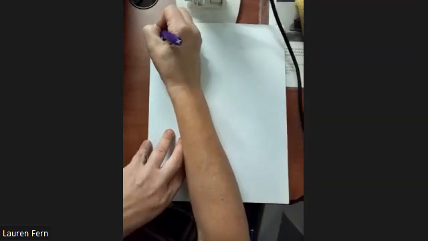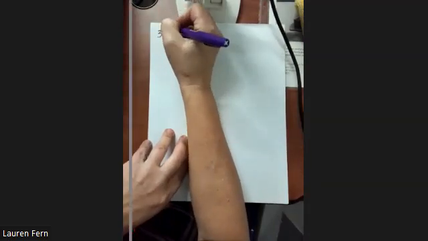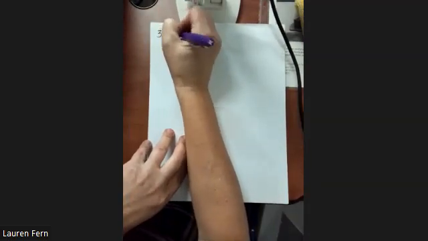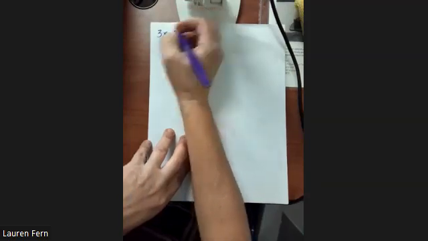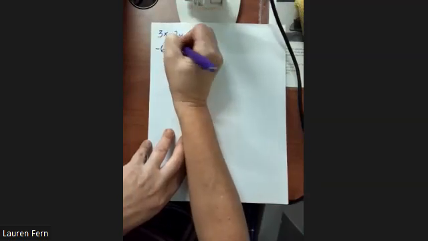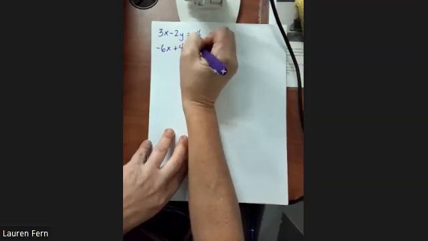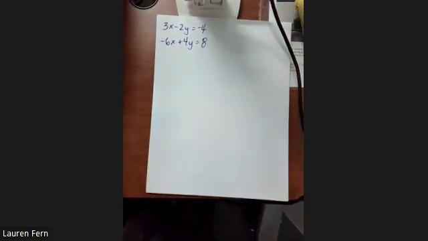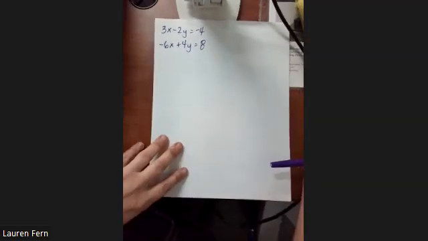Now, suppose I give you this system. 3x minus 2y is -4, and -6x plus 4y equals 8. All righty. Well, who do you want to get rid of, x or y?